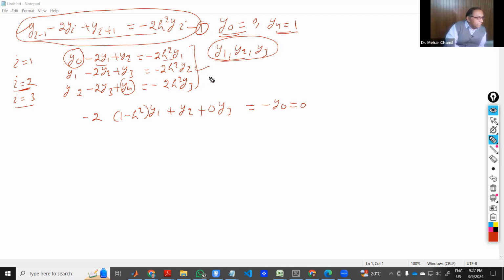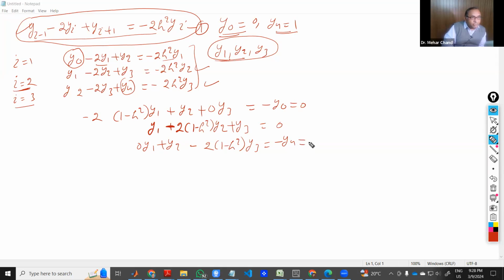The second equation is y1 - 2(1 - h²) y2 + y3 = 0. And the third equation is 0·y1 + y2 - 2(1 - h²) y3 = -y4, and since y4 is 1, this equals -1.